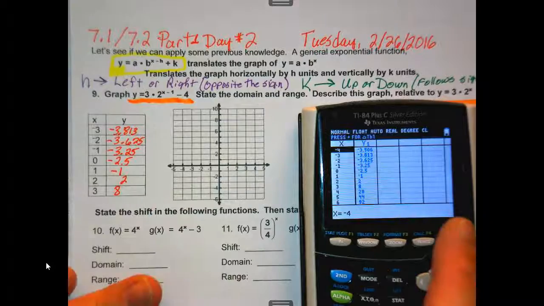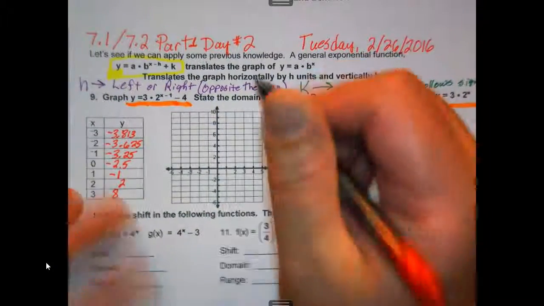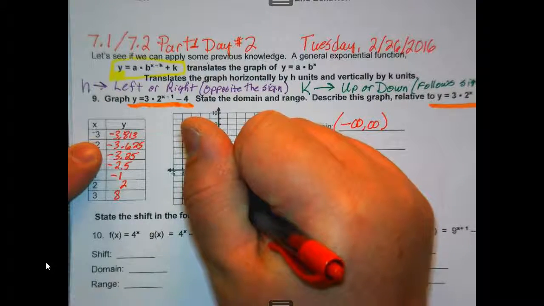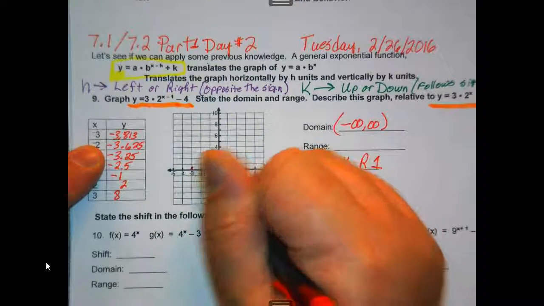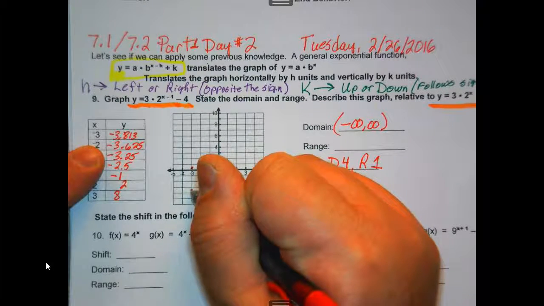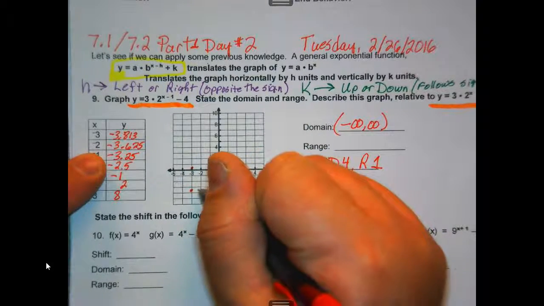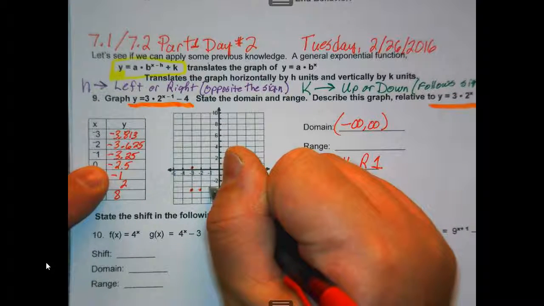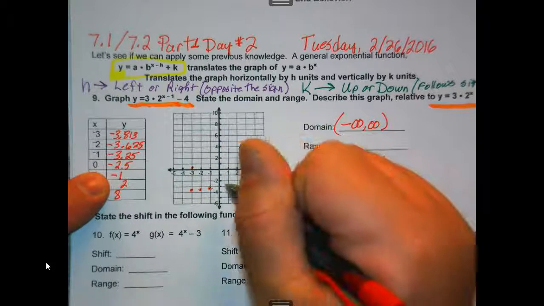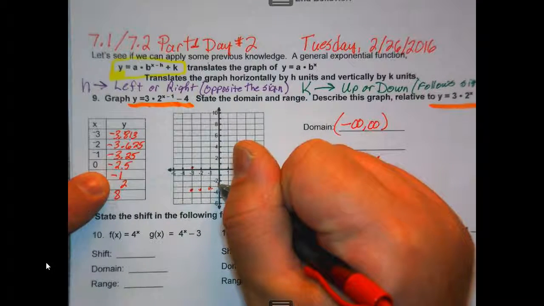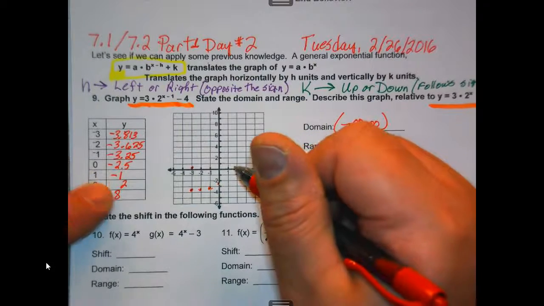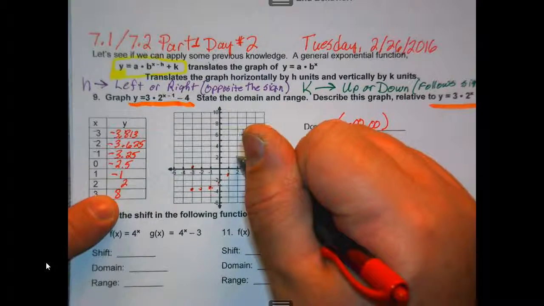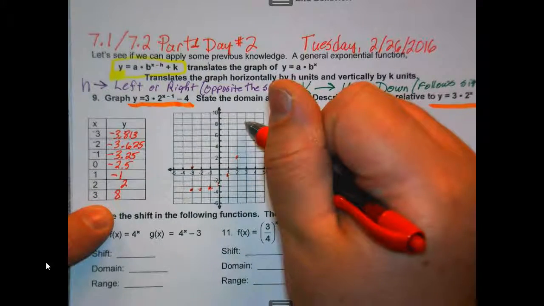Let's graph those. See, negative 3 is really close to negative 4, and again, pretty close to negative 4. And negative 3 1/4, a little closer to negative 3. Negative 2 1/2, there's my y-intercept, right? 1, negative 1. 2, 2. And 3, 8.